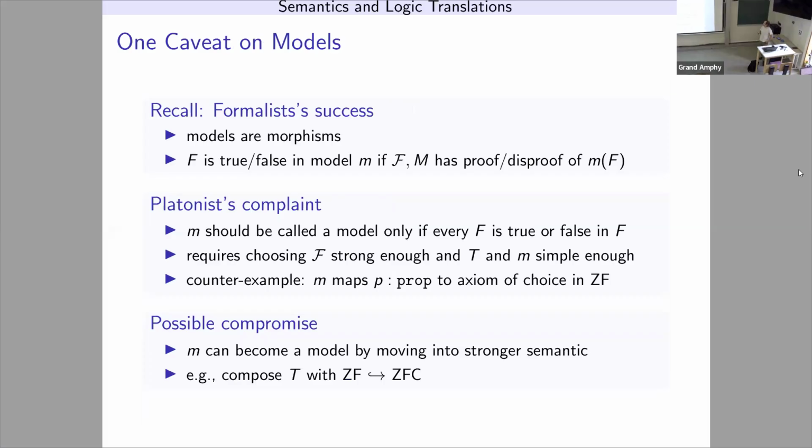And when it comes to the formalization of models as morphisms, there's one subtlety. So normally in a Platonic model, every formula must be true or false. We usually assume that the model is something that exists in reality, and in reality, every formula is true or false. Turns out this often requires our formalizations of the Platonic environment to be extremely strong.